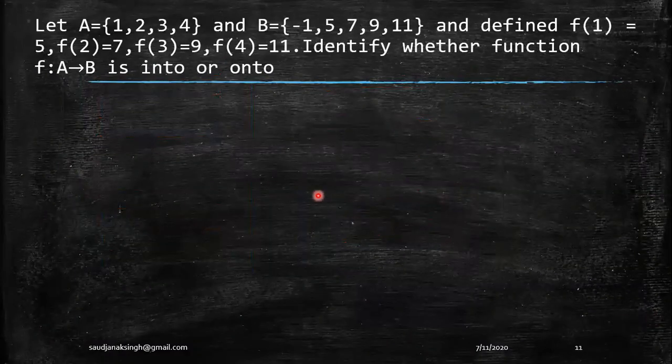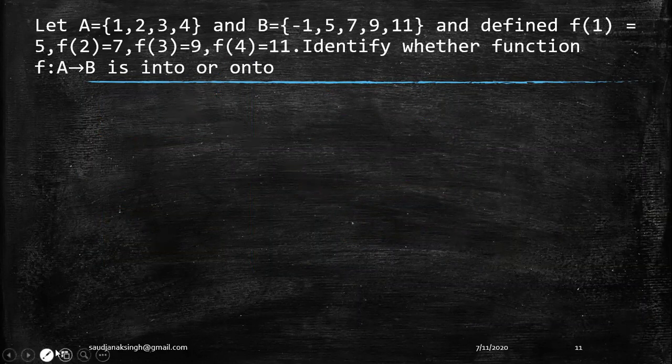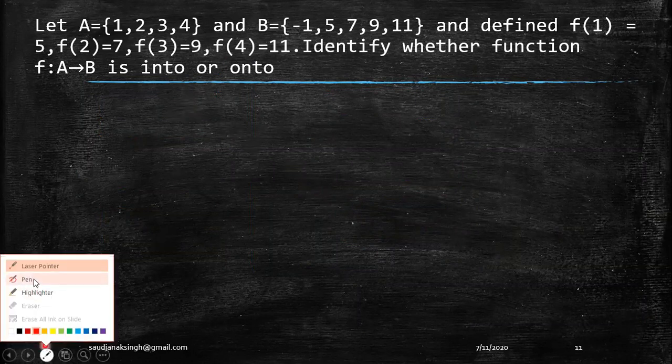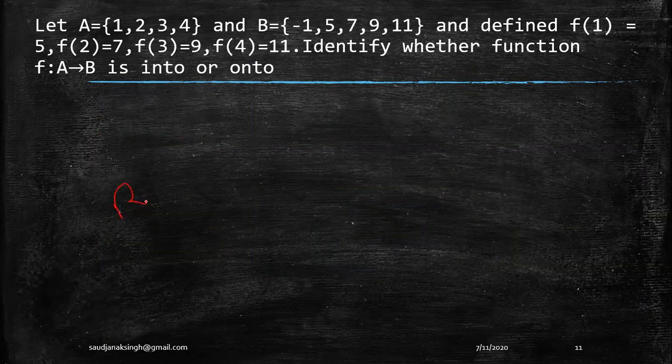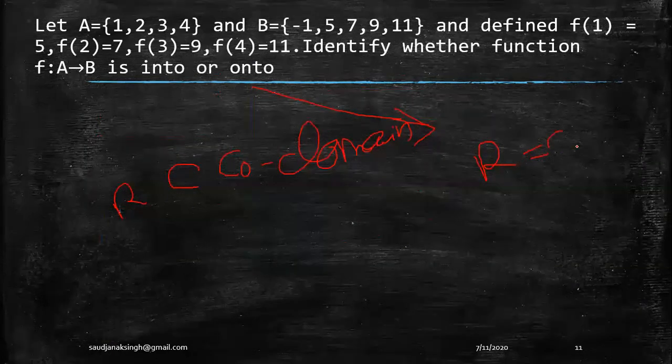And here is an example to identify whether a function is into or onto. How to find? Remember that into means the range is a proper subset of the codomain, and to become onto, the range is equal to the codomain, right?